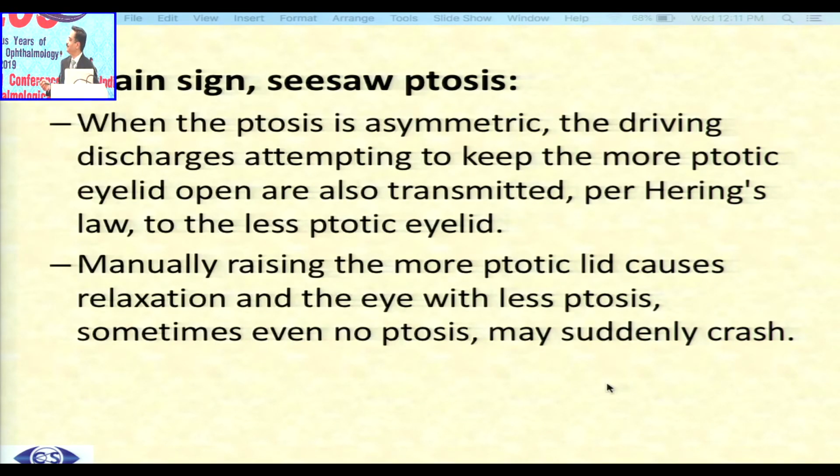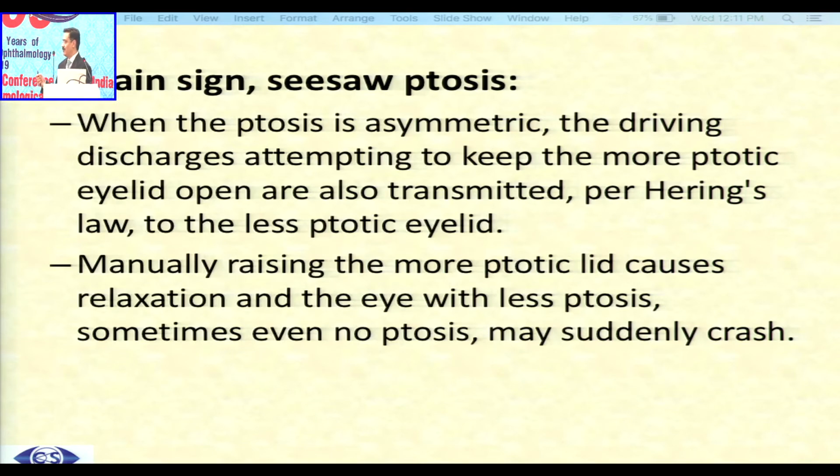Curtain sign, again it is there in basically myasthenia gravis and other acquired ptosis also. It is based on Hering's law. So what is there here? Manually you raise the more ptotic lid.